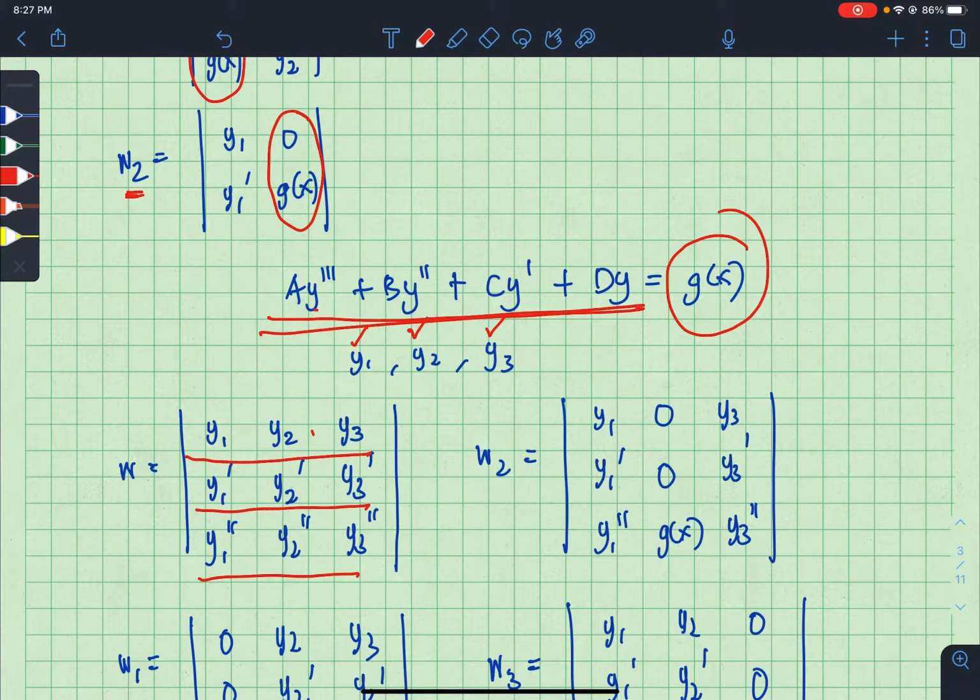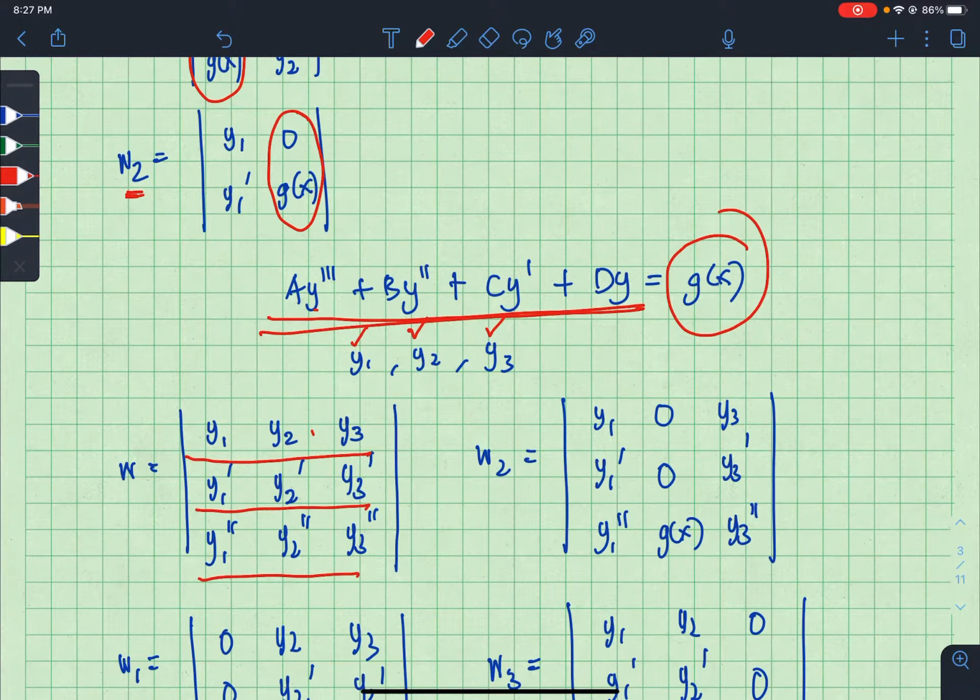And e raised to 2x would cancel out. Thus, this one will be the integral of negative x over 1 plus x squared dx. Here u is 1 plus x squared, so du becomes 2x dx, and our neutralizing factor would be 1/2.